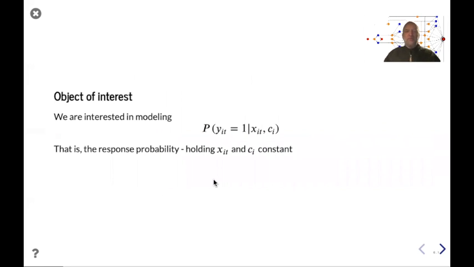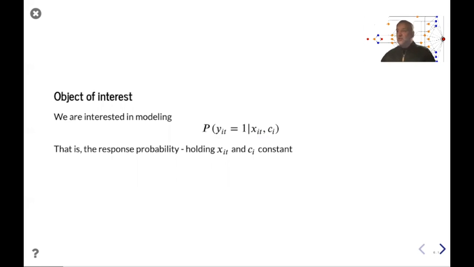Okay, so before we actually use these data to estimate, let's just check out what it is that we are interested in modeling. Our object of interest is, as usual, the response probability. So here it would be the response probability for period t for individual i, the probability that the outcome variable is equal to 1, conditional on a set of explanatory variables for that individual at that time period, and holding constant also an unobserved effect.